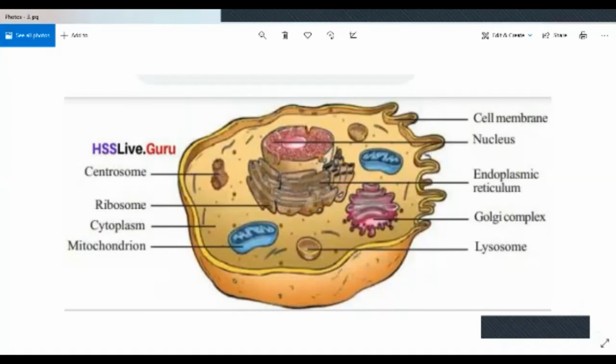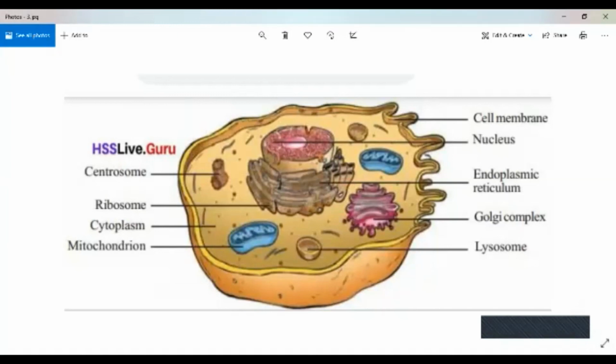And the next is the lysosome. Lysosome is also another cell organelle that is seen only in the animal cell, and it consists of digestive enzymes. These digestive enzymes destroy the foreign materials that are entering the cell. So these are the two cell organelles, the centrosome and the lysosome.